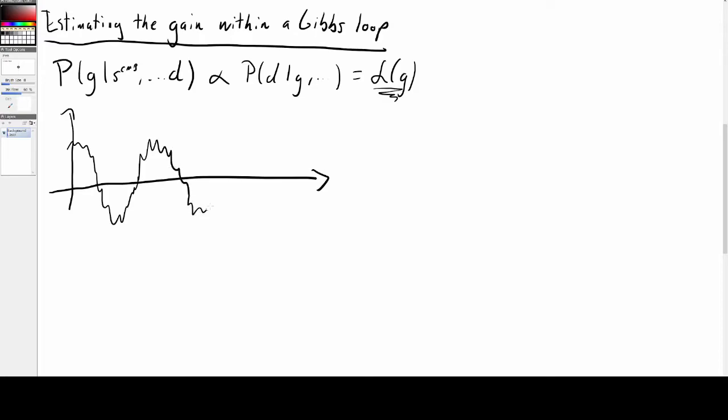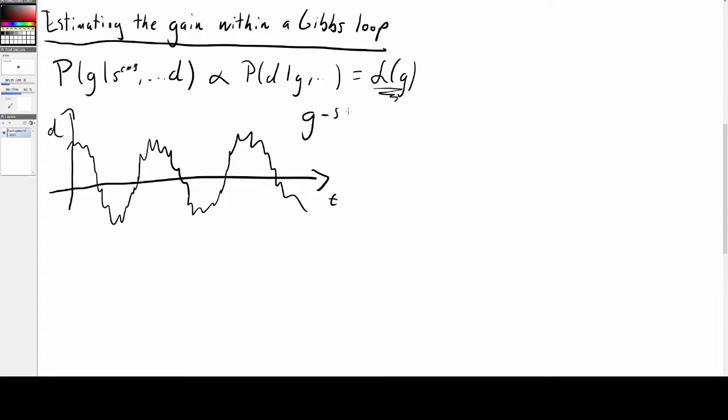Over the course of an hour, we get data that looks something like this, as the instrument scans the whole sky or encircles on the sky for a while. And our task then is to use the data as a function of time to estimate a single scalar G.